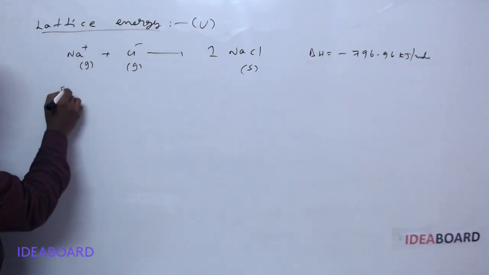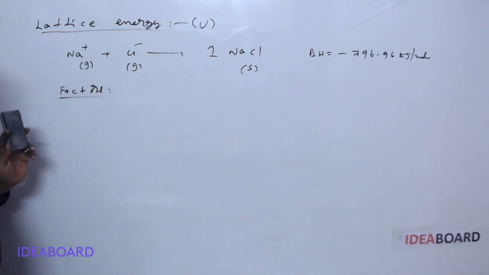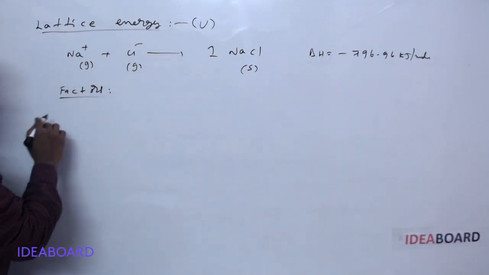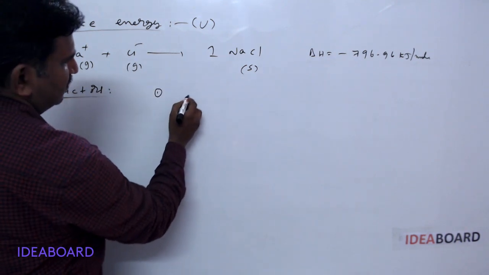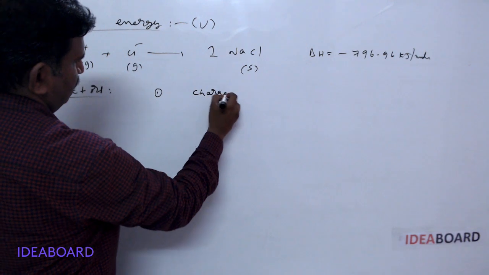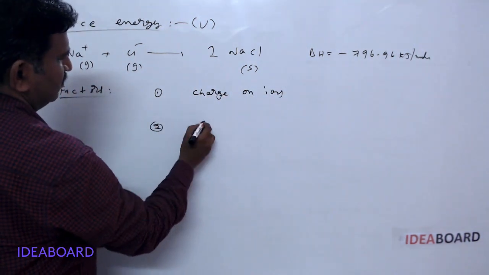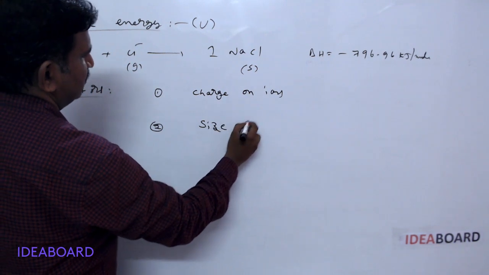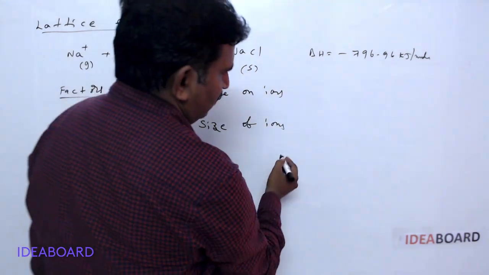And here, what are the factors influencing the crystal lattice energy? Crystal lattice energy depends mainly on two factors. One is the charge on ions, and the second one is the size of ions.